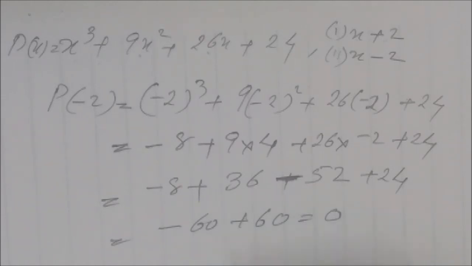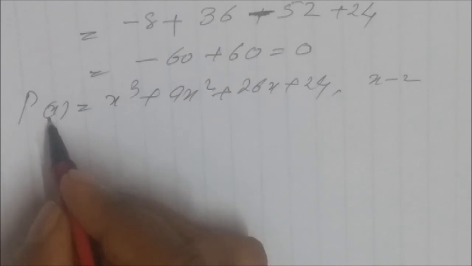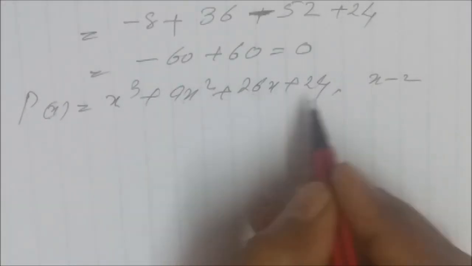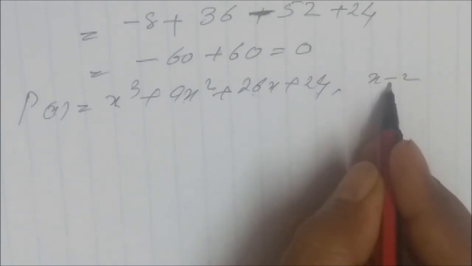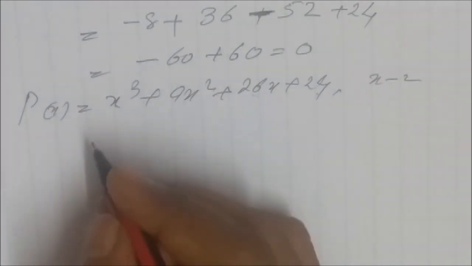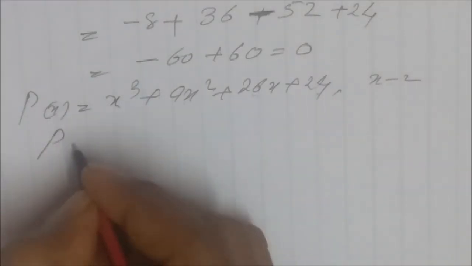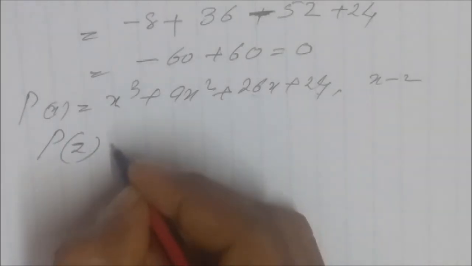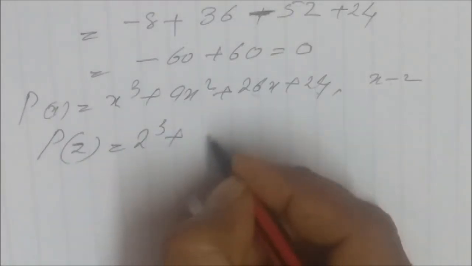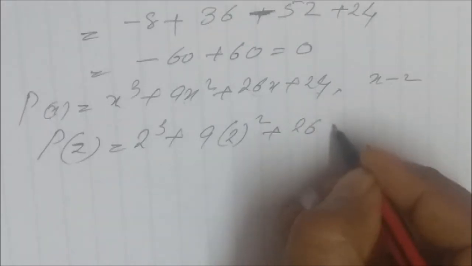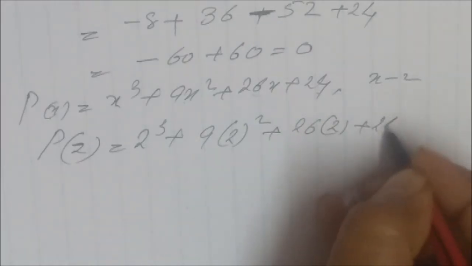And the next one we have to find. Our next question is p of x, x cube plus 9x squared plus 26x plus 24, divided by x minus 2. As per the remainder theorem, we have to find p of plus 2. That is 2 cube plus 9 into 2 squared plus 26 into 2 plus 24.